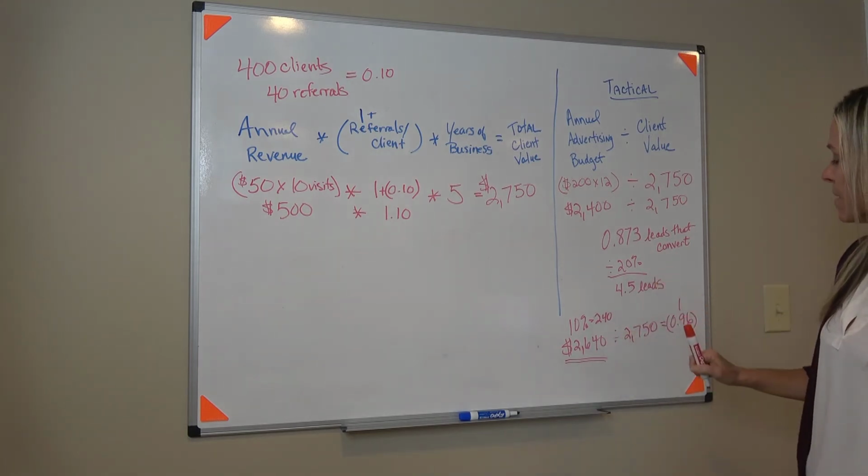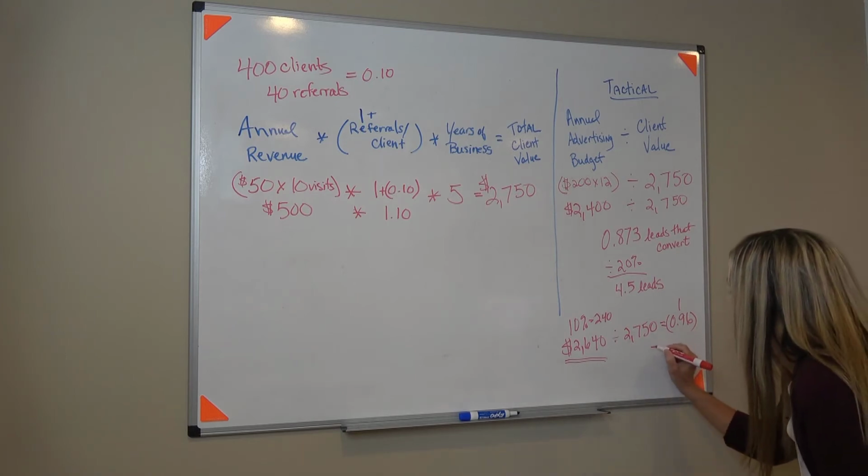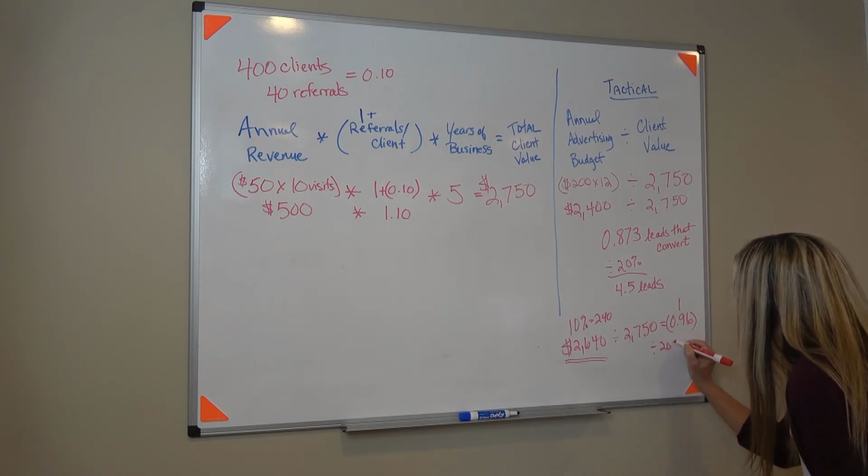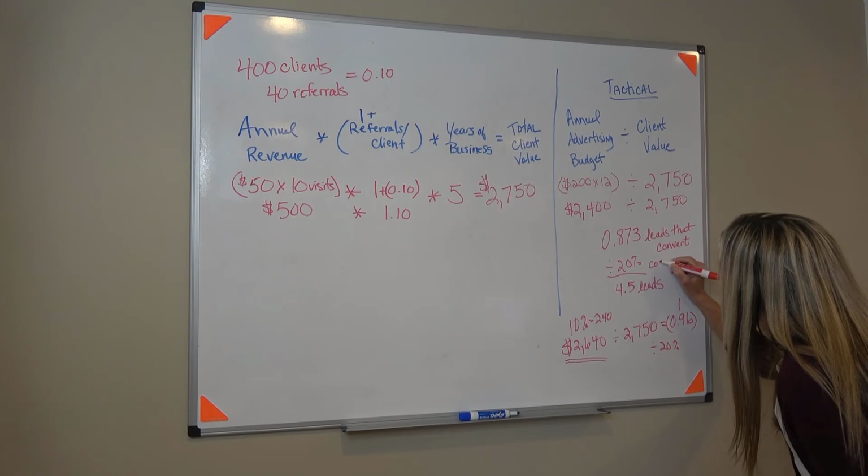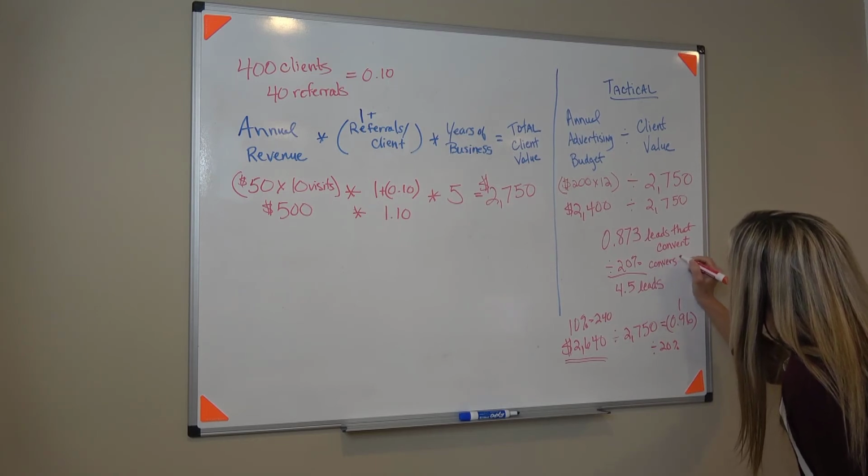And I simply do the same thing. I'm going to divide that 1 by 20%, if that's what my conversion ratio is. I'm going to write that up here just so that it's easy to remember.